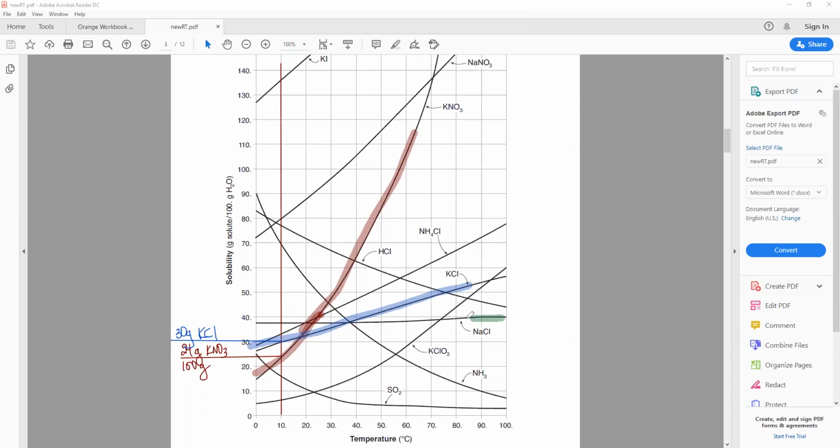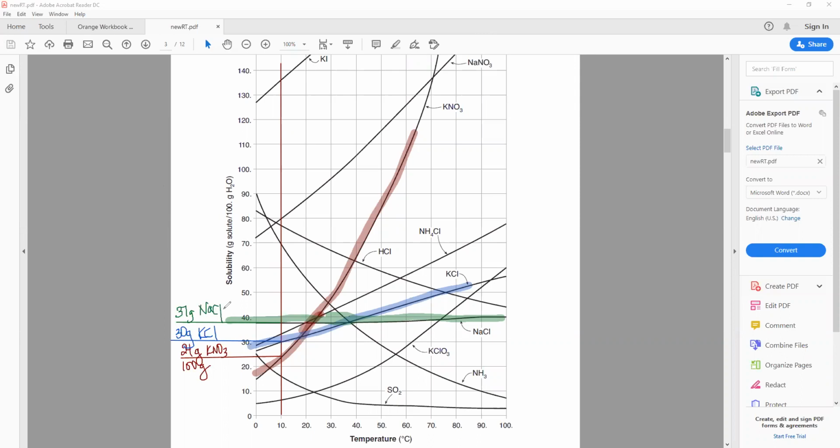NaCl is right over here. I'm going to go across. Okay, so let's go where it's at 10 degrees Celsius. It's over here. And I'm going to say it's going to dissolve 37 grams of NaCl.